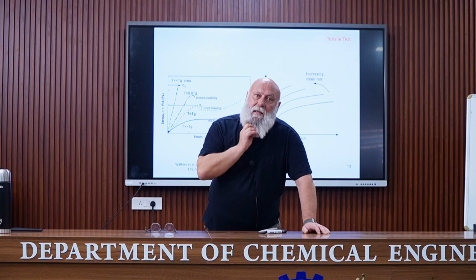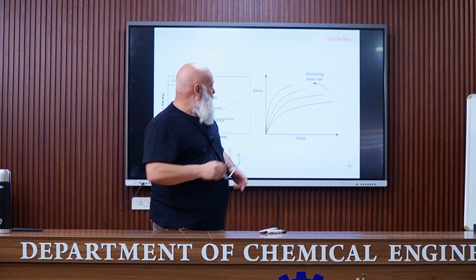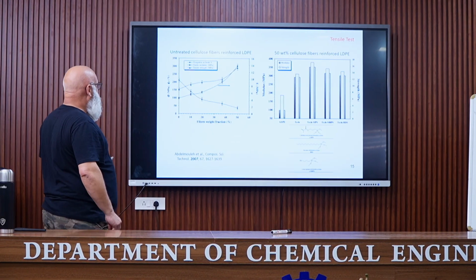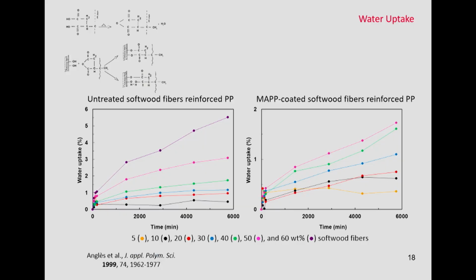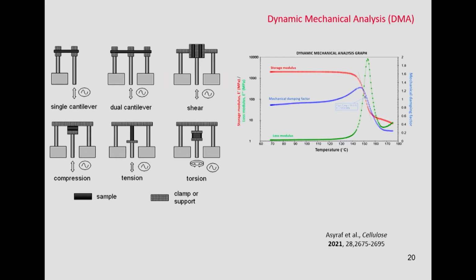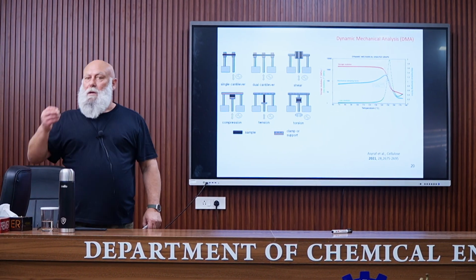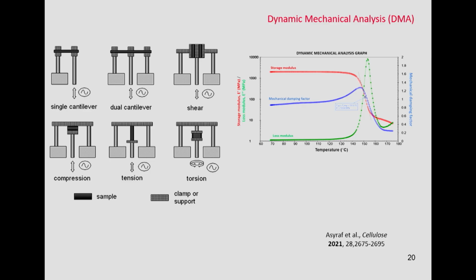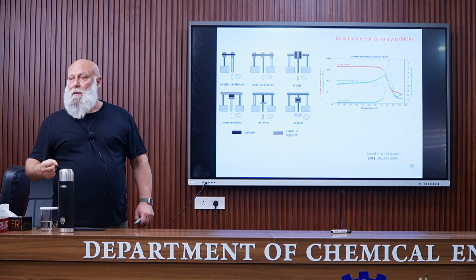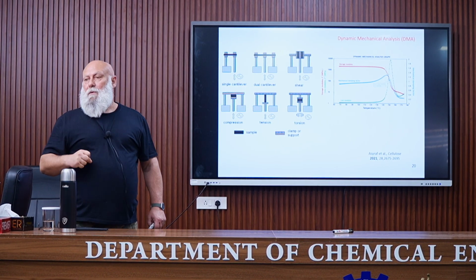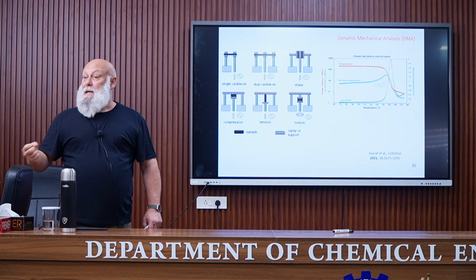Another thing is that I showed you previously that in DMA, here, we have a maximum in the damping factor. And remember that this damping factor is representative of the energy that can be absorbed by the sample, that can be dissipated. And so this is information that we cannot obtain from the tensile test.